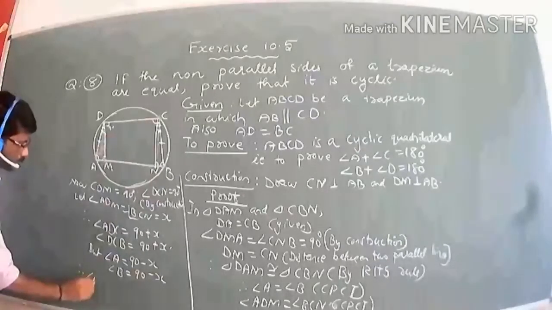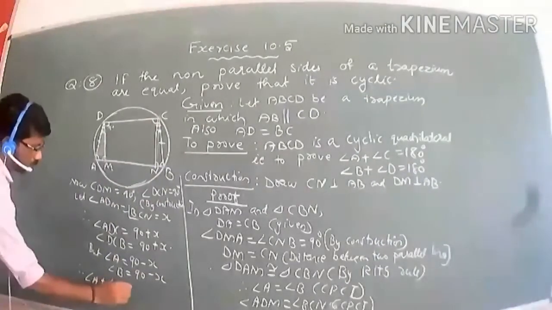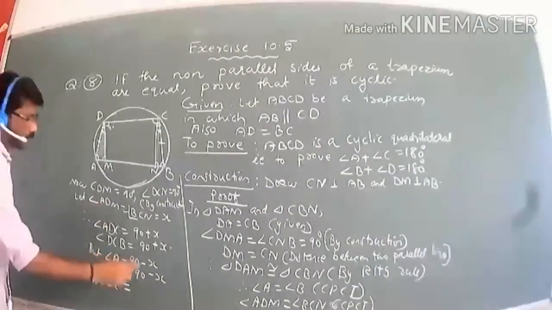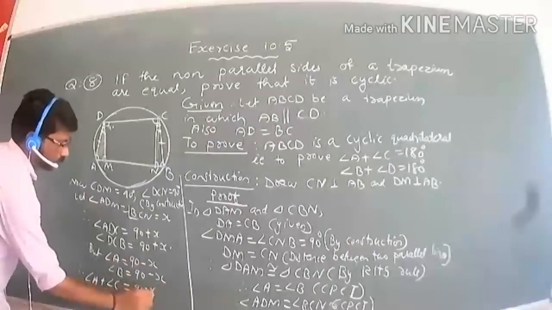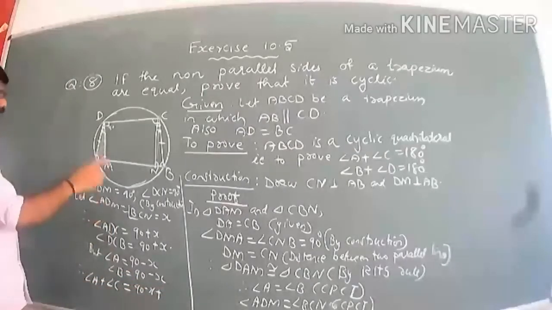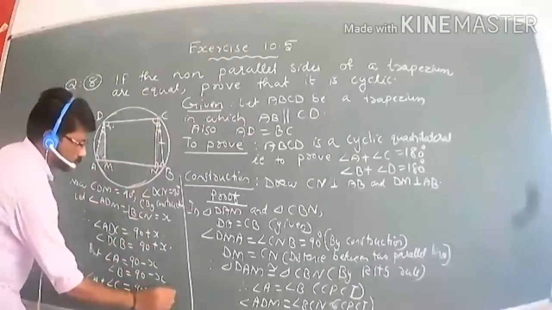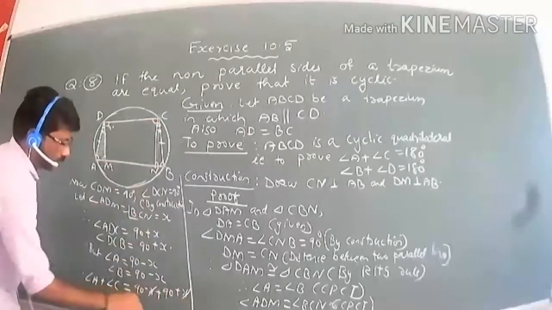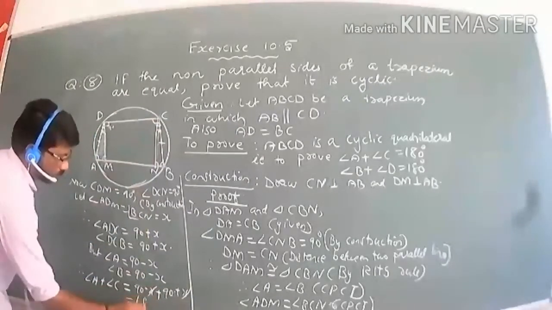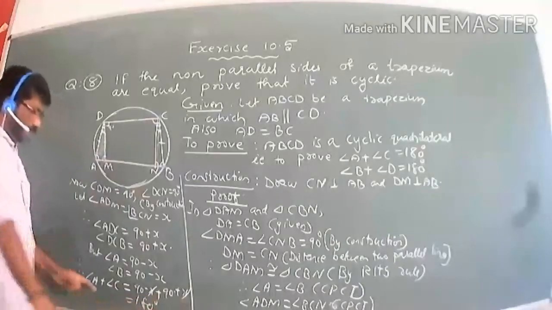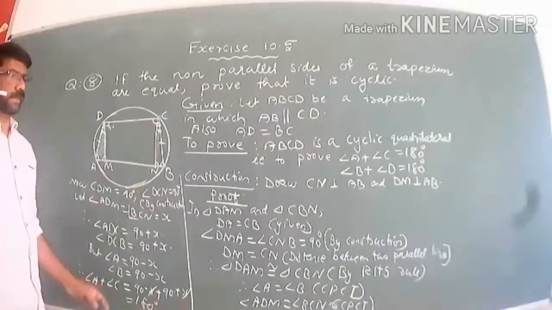Therefore, angle A plus angle C, A we have written as 90 minus X, plus C is 90 plus X. X cancel, 90 plus 90 equal to 180 degree.